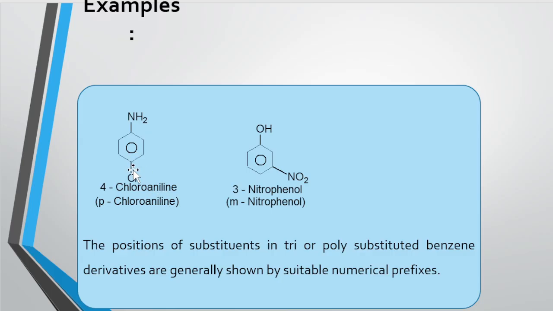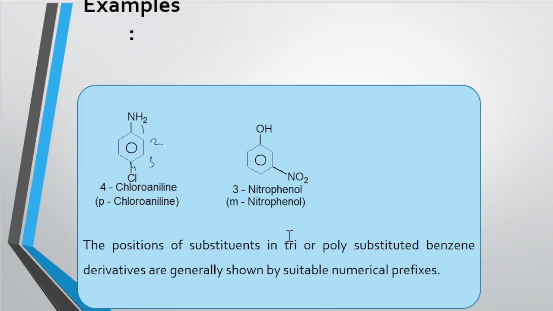Then we have to take this chlorine as a substituent, and start numbering from that special substituent NH2, and here it is 1 2 3 4. On the fourth carbon atom chloro is there, so 4-chloroaniline, it is also called para-chloroaniline. Similarly, this is called 3-nitrophenol. Okay, whenever special names are there, the other groups must be considered as substituents.